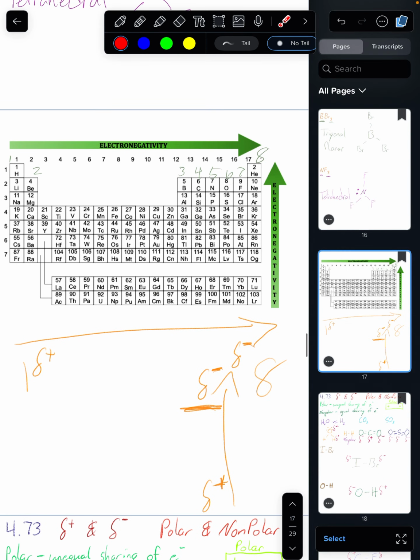Okay, so what it's referring to is, where does it land on this list? See now, hydrogen's way over here compared to oxygen way over here. So we know hydrogen's going to be a lot more positive than oxygen, and oxygen's going to have a lot more negative.